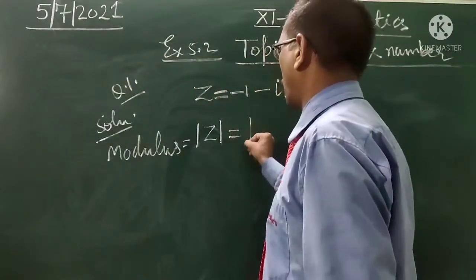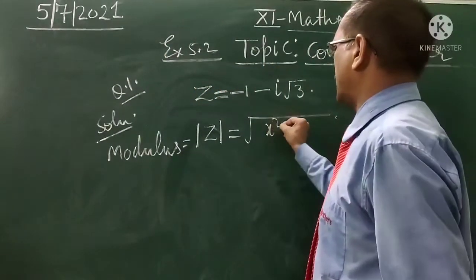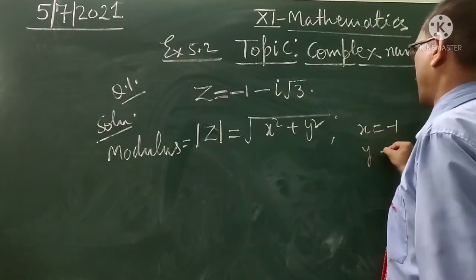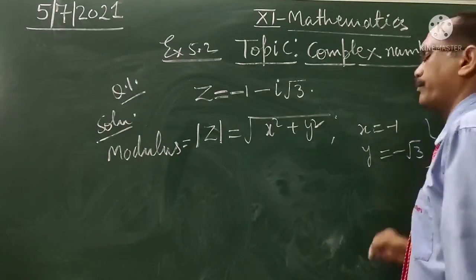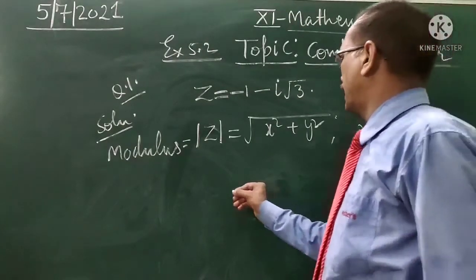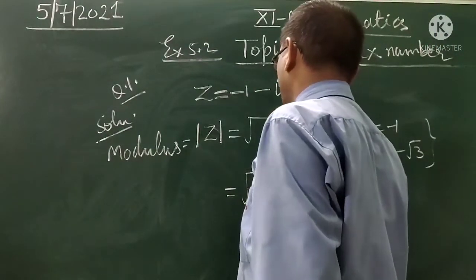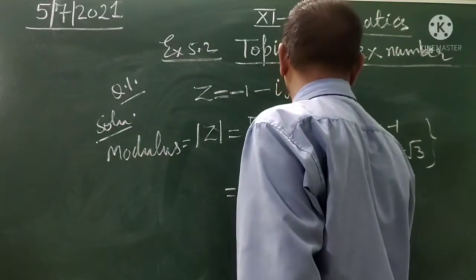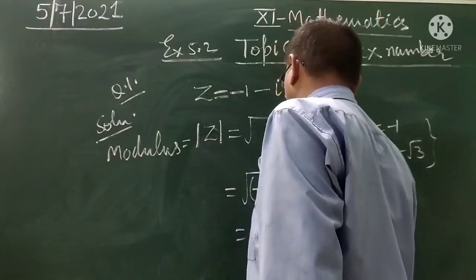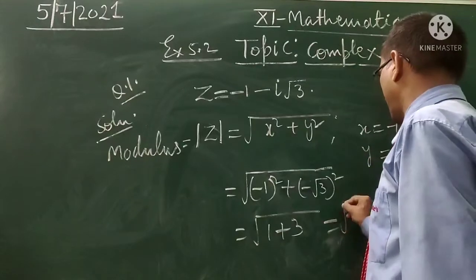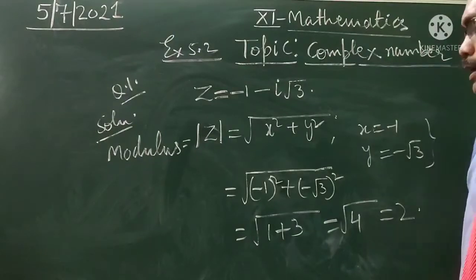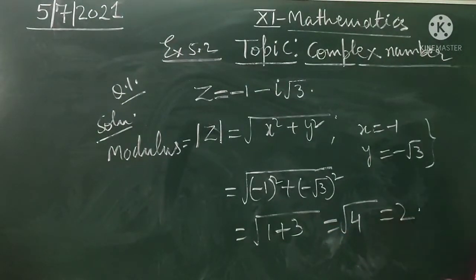It is root of x square plus y square. Here x equal to -1 and y equal to minus root 3. x is the real part and y is the imaginary part. So it is root of (-1) square plus (-root 3) square, which is 1 plus 3, and 1 plus 3 is 4, so the value is 2. And this modulus cannot be negative. So the value of modulus is 2 here.